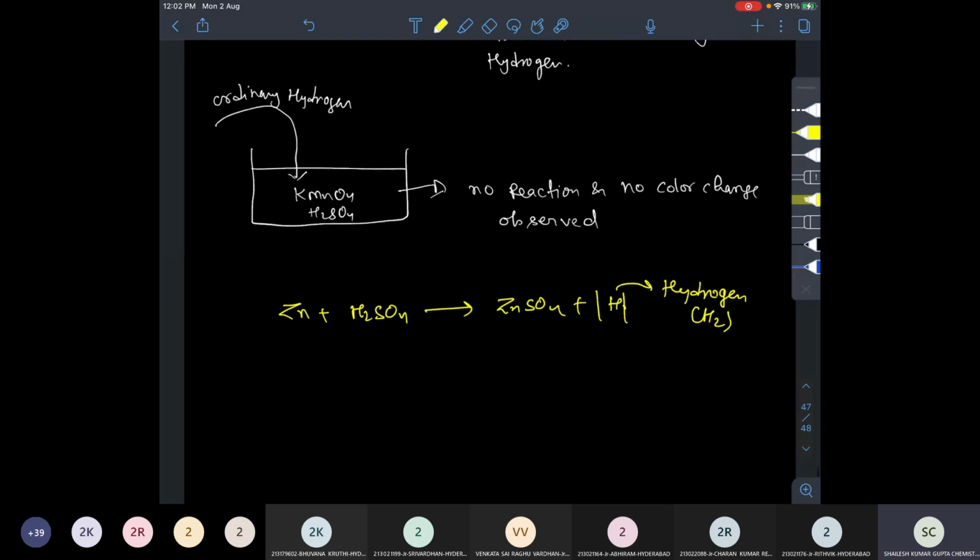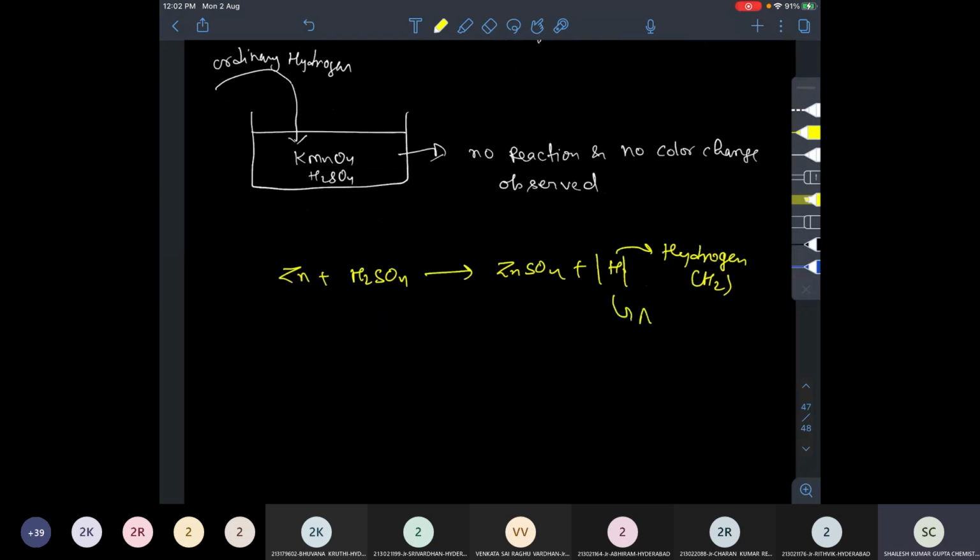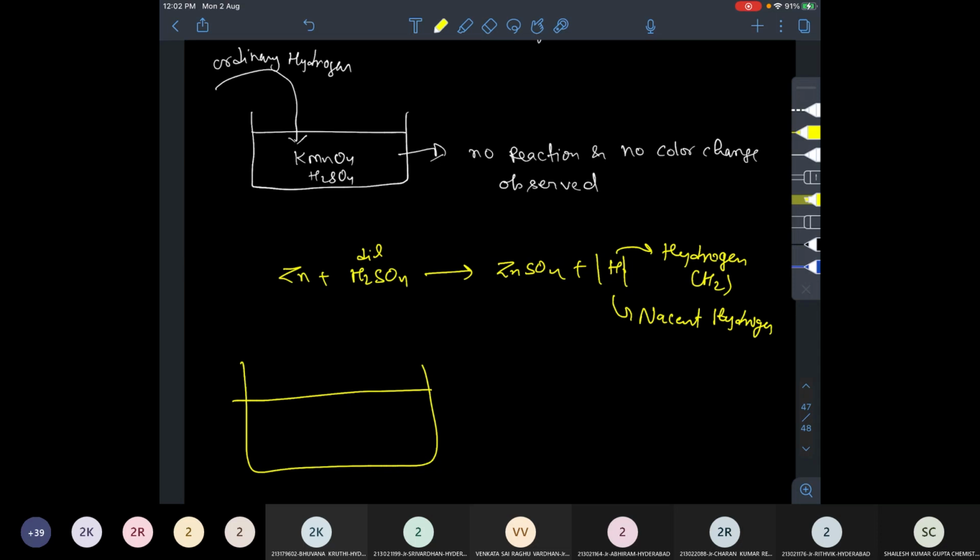So this hydrogen is nascent hydrogen. This is dilute H2SO4, very, very important. Suppose you have H2SO4 and KMnO4, and you simply put zinc into it.